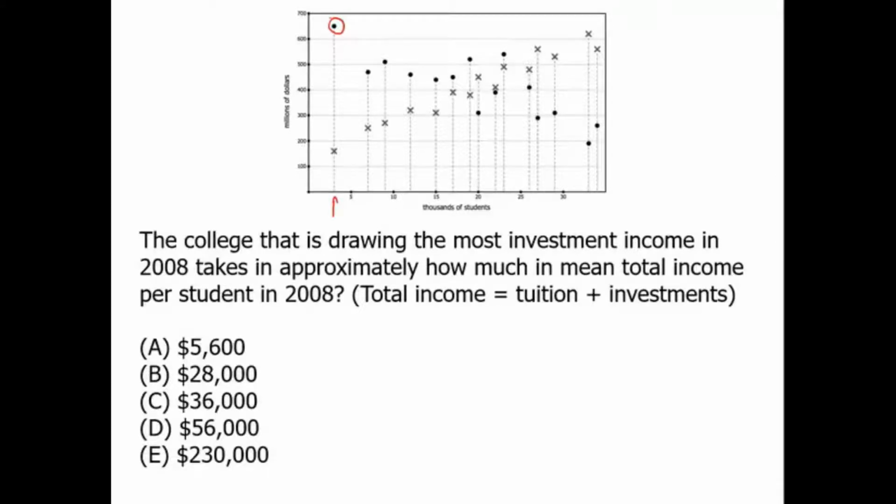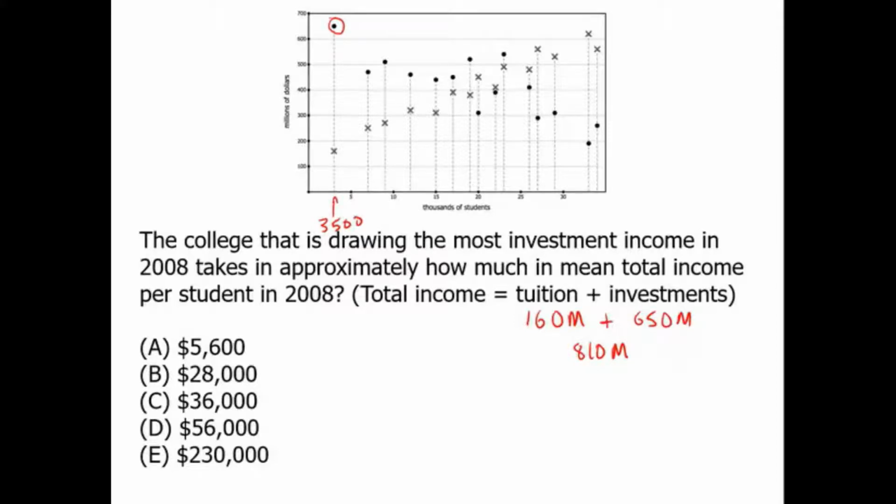It takes in how much mean total income per student? Well, for mean total income, we'd have to figure out the tuition plus investments. It looks like tuition is about maybe 160 million. Investment appears to be about 650 million. Add those, and we get about 810 million. How many students are there? Appears to be maybe 3,000 or 3,500, let's say 3,500.